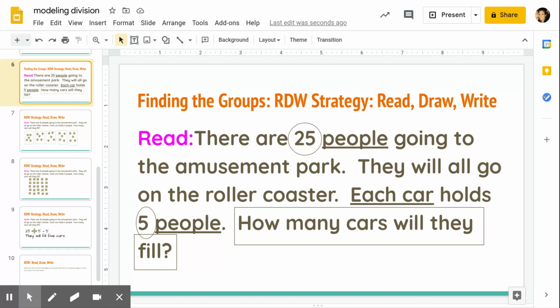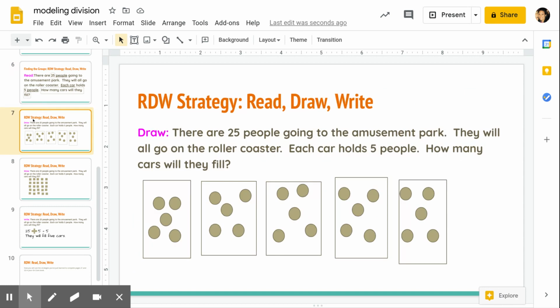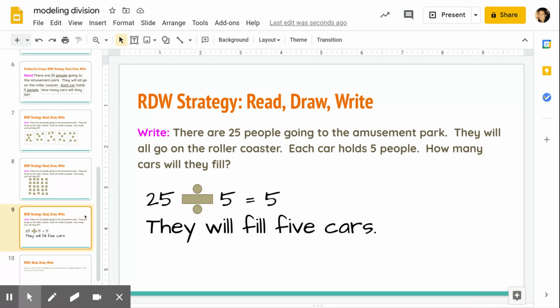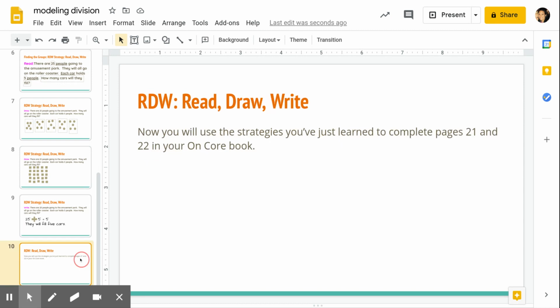You must box the question up. You have to draw either a picture or using arrays. And when you write, make sure you're writing an equation and a statement. Okay, 21 and 22 in your Encore book. You've plenty of room on both of those pages to do RDW.